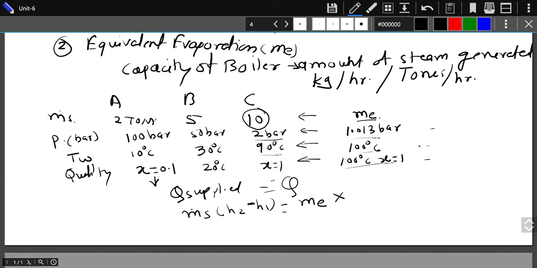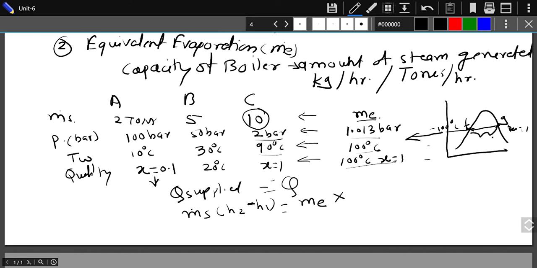If you plot the T-s diagram for this, in these conditions I am supplying the water at 100 degrees centigrade, that is the point f, and I am getting the steam at 100 degrees centigrade, that is the x equal to 1 point.